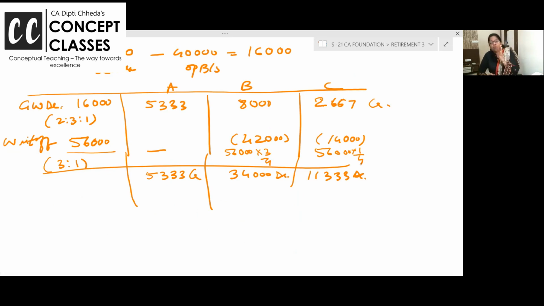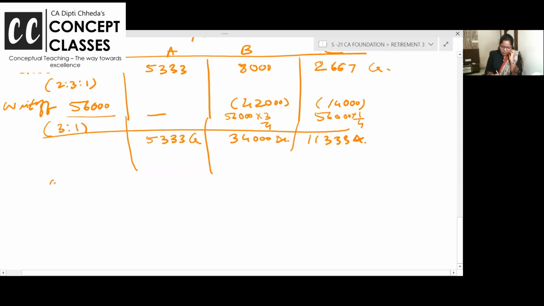Raise the goodwill in old ratio 2:3:1. Write off in the new ratio 3:1. But we have raised the goodwill only 16,000 because 40,000 is already there in the opening balance sheet. Meaning it must have been raised in ABC ratio. Is this now clear? I'm again saying, anyone is having doubt.